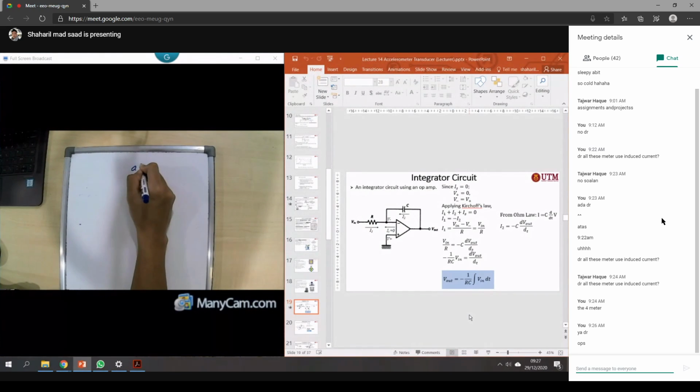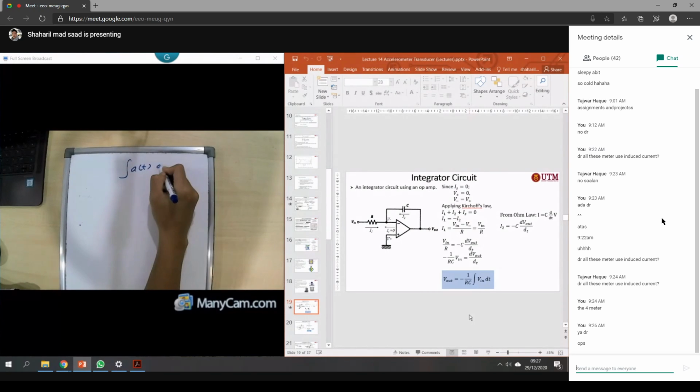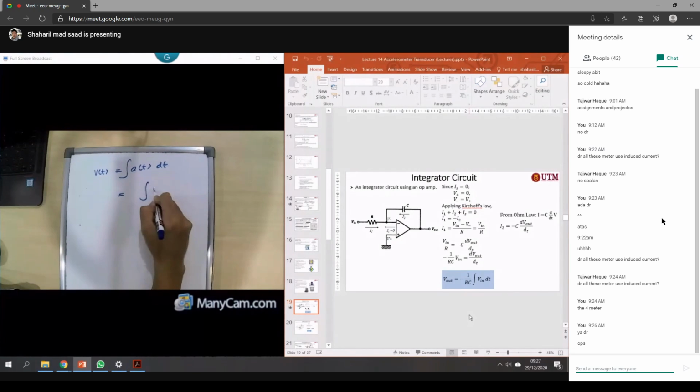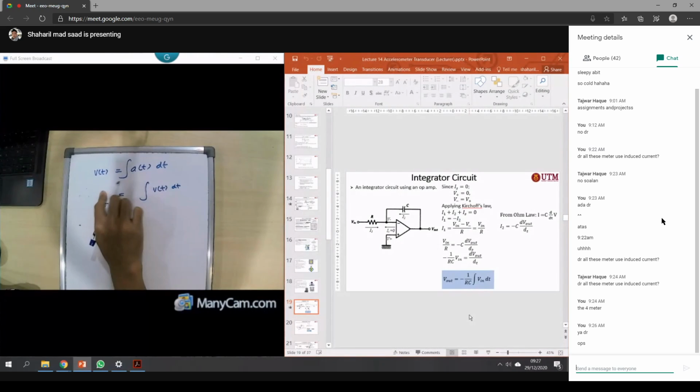So what we get is the acceleration, and when we integrate over dt, we can get the velocity back, and then when we integrate the velocity, we can get the displacement back. So it depends on you.